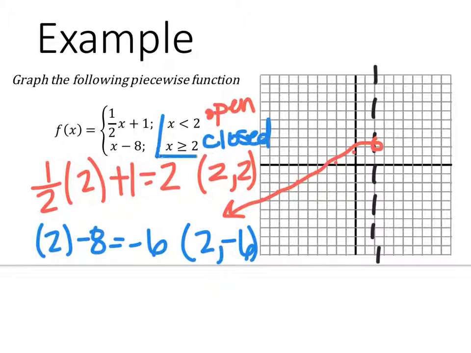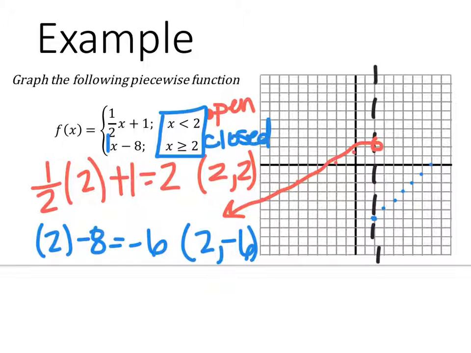So again, right here is just telling me where to graph. So I'll start at my point, 2, -6. I'm going to make a closed point there. And then I have a slope of 1, so I'm going to go up 1 to the right 1, up 1 to the right 1.